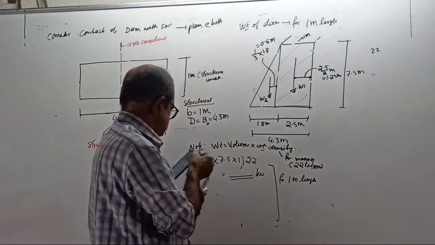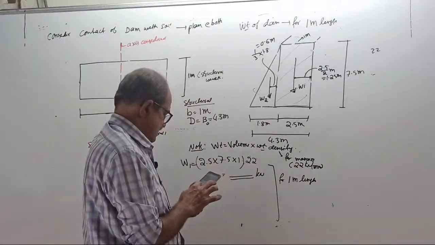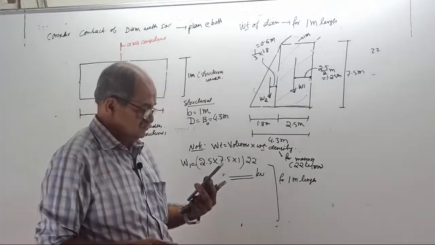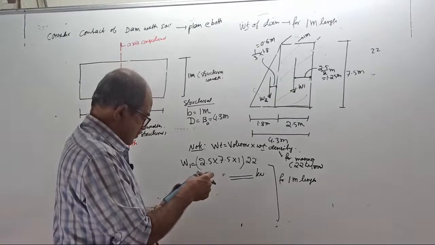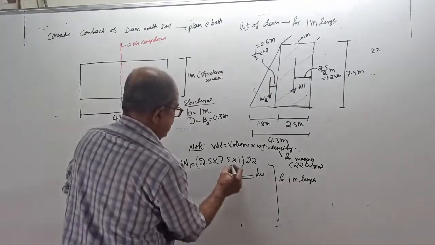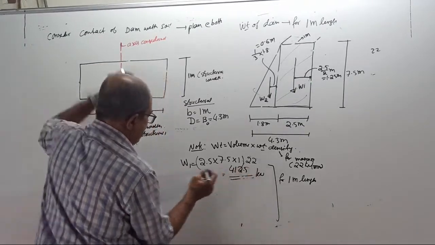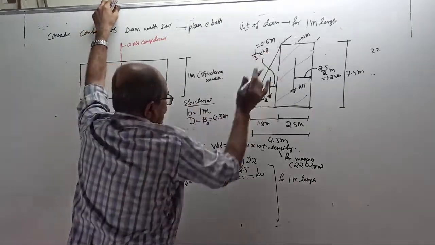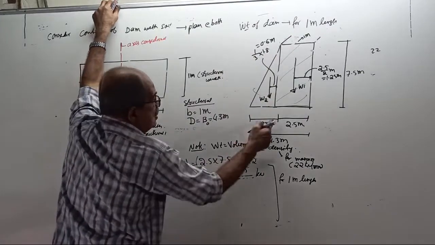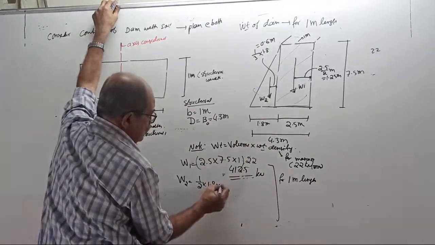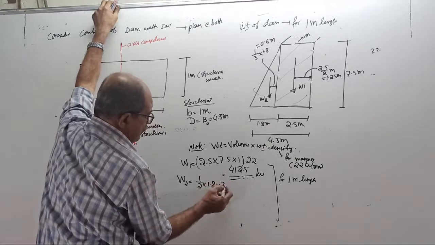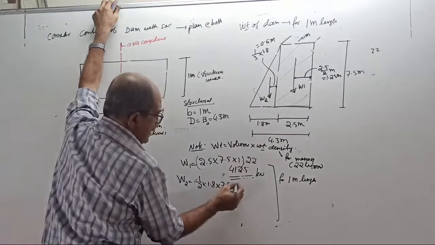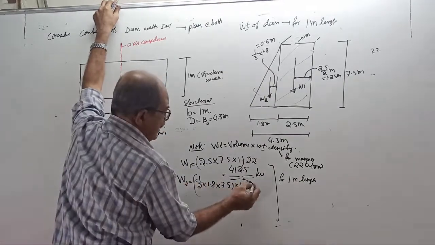Answer. W1 is 412.5. 412.5 is the answer. And tell me the W2 value. W2 area: half into 1.8 into 7.5 is the area, into length 1, multiplied by 22.